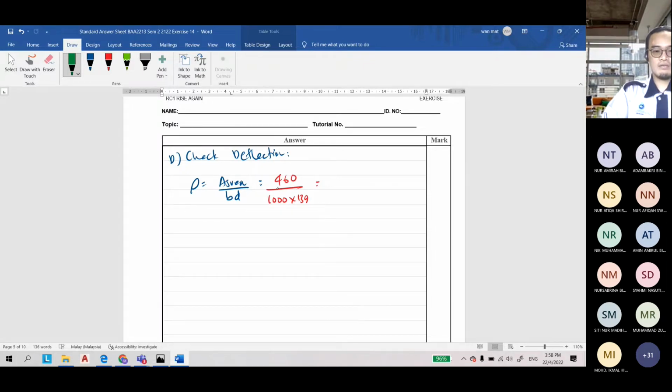0.0033. Okay, good. So rho naught is equal to square root of FCK divided by 1000. So square root of 30 divided by 1000 equal to 0.0055.